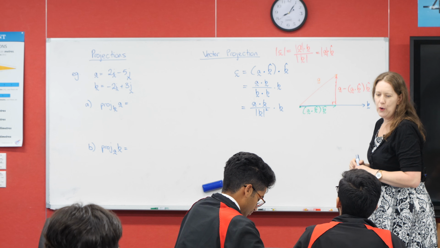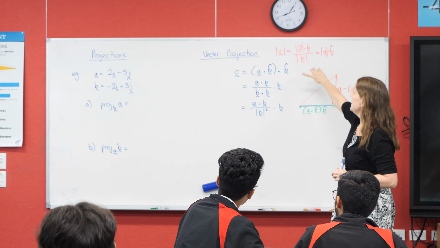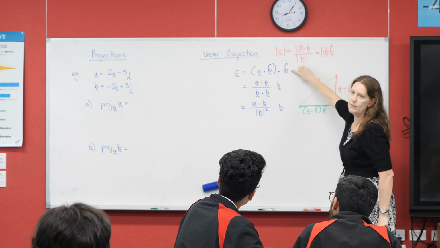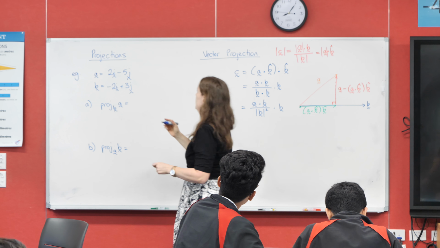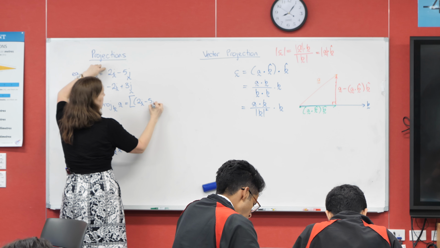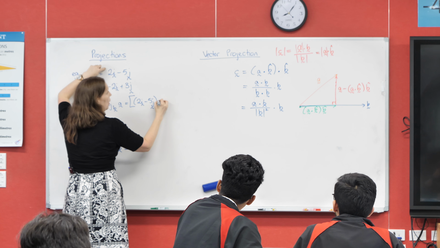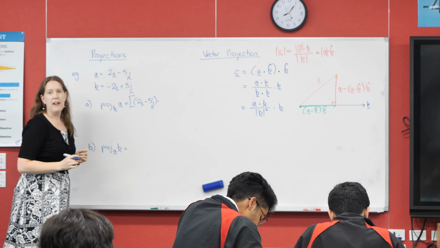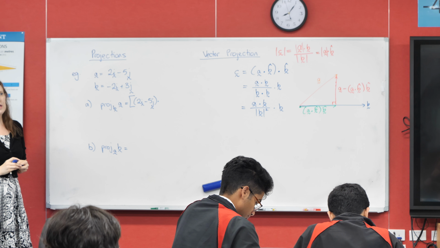Okay, so what do we need to do? I'm going to use this version here. So I have vector A dot unit vector B. What's unit vector B?